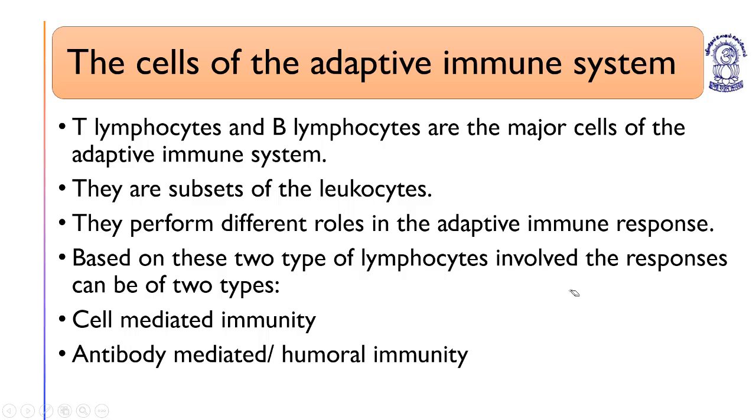Now the cells of adaptive immune system. T lymphocytes and B lymphocytes are the major cells of adaptive immune system. They are the subsets or the subtypes of leukocytes. Okay. They perform different roles in the adaptive immune response.